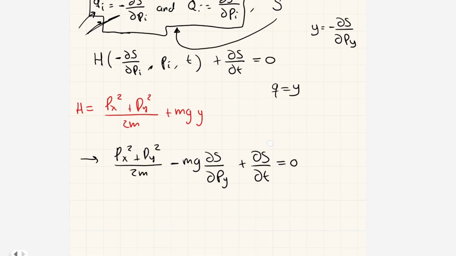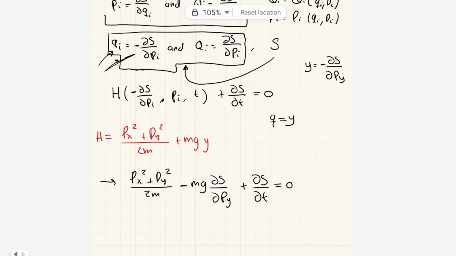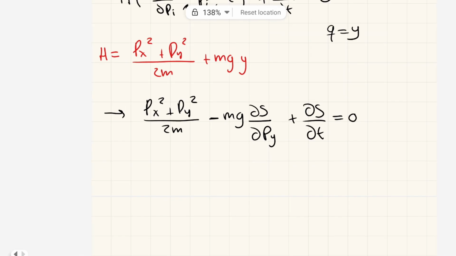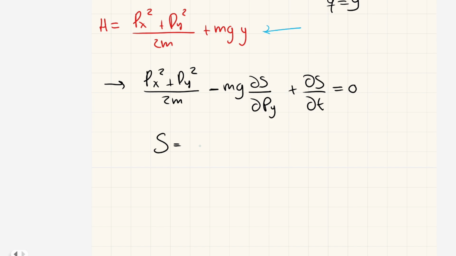Okay, another important thing that we have been working with is that if we look at our Hamiltonian function here, we know that it doesn't depend on t. So when we construct a function S using this equation here, S equals W of Px and Py plus a function of t, we know that this function of t can be a linear function.